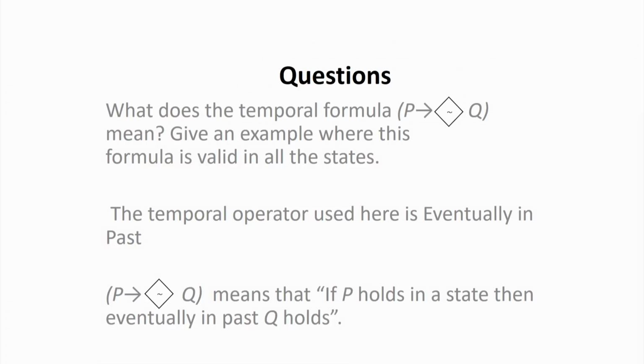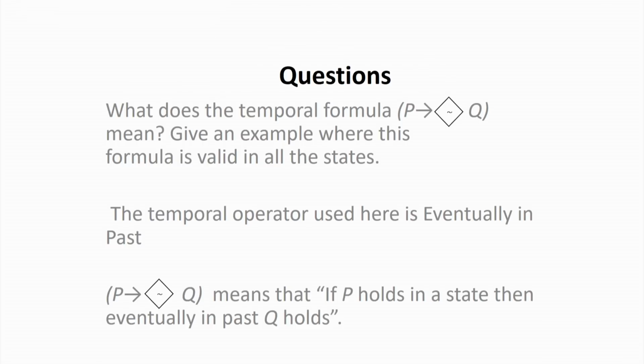Similarly, another question: what does the temporal formula P implies diamond Q mean? That means this is basically not previous, but back, actually in the past. So, if P holds in a state, then eventually in the past Q holds.